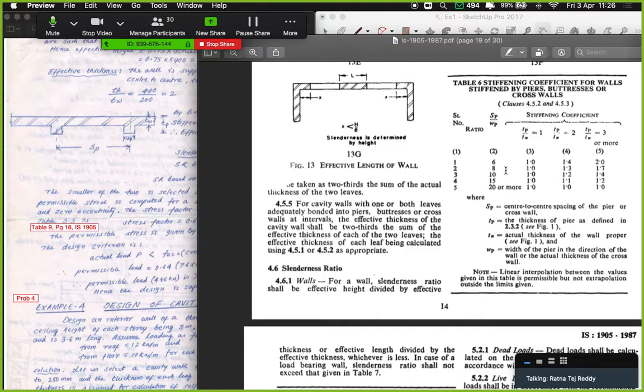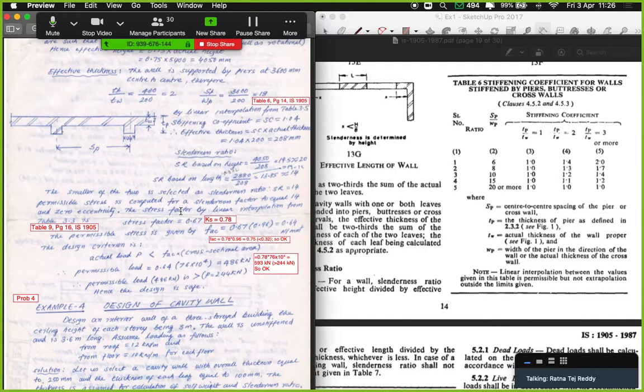And the slenderness ratio, SP by SW, that is the effective span by effective width, which is 18 over here, is somewhere in between 15 and 20. So for a stiffness coefficient of 2 and a slenderness ratio of 18, we will have to interpolate over here. Let me just directly jump into our answer, which is over here.